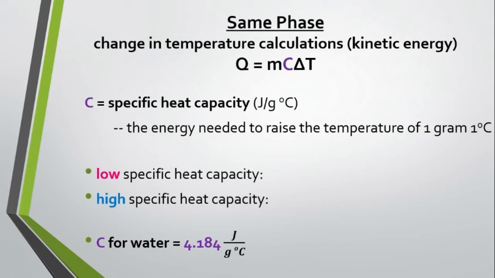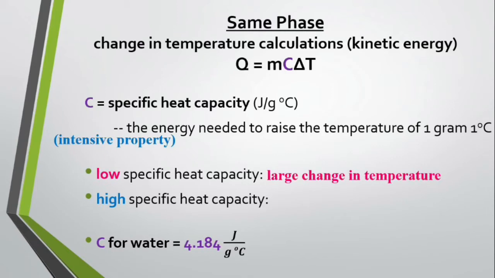This C in this equation is a lot like the H in that last equation. This is just the energy needed to make something change temperature instead of change phase. So a low specific heat capacity, a low C, is going to get a large change in temperature. I almost forgot to mention that this C as well as that H is an intensive property, meaning it's constant no matter how much of a substance you have, and that makes it really useful for identifying substances.